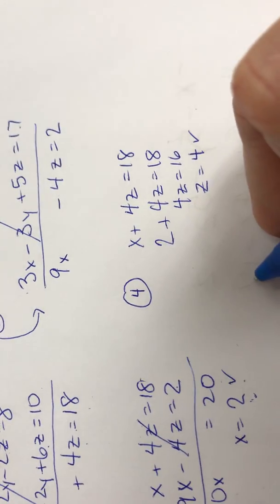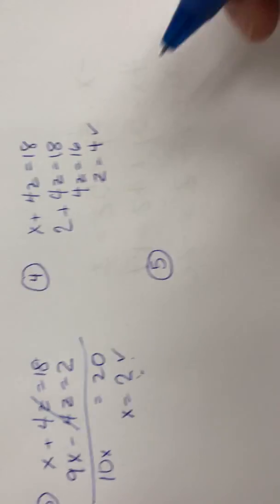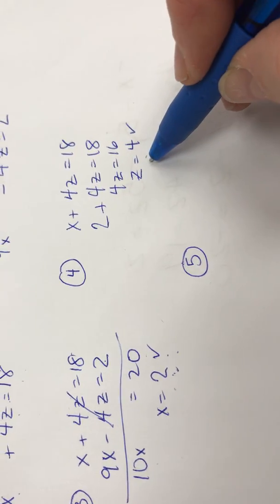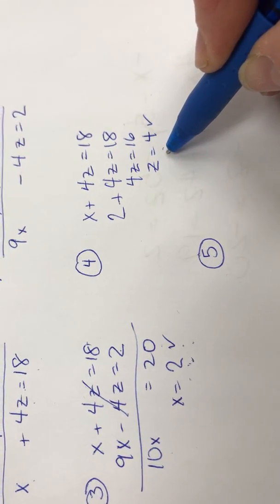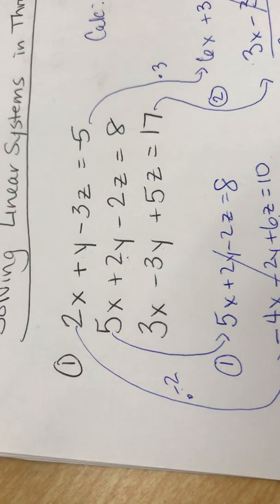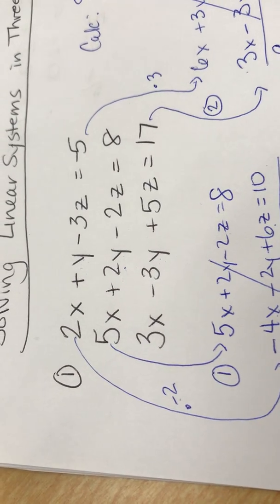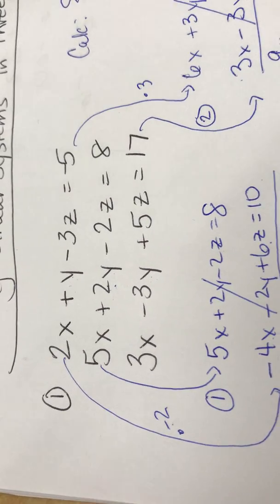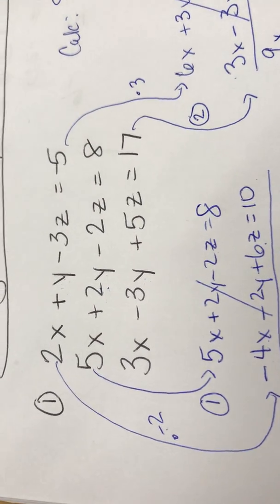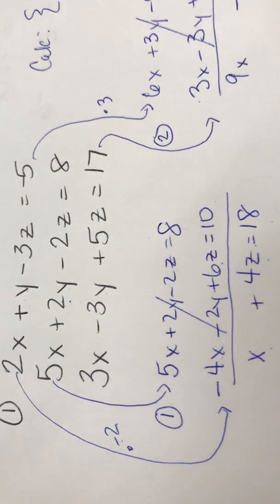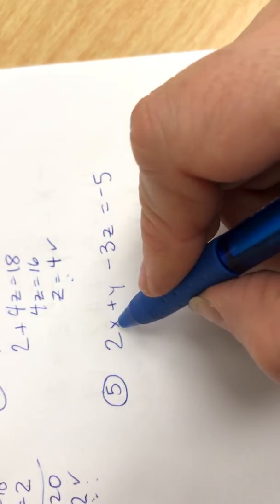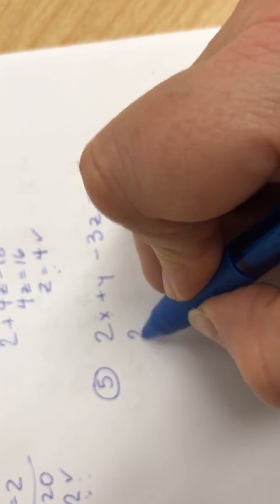So now my final step is step 5, and that would be to use these 2 values that we solved for into one of the originals to solve for my y, the unknown. Okay, so you can choose any of these 3 originals. I'm going to choose the first one. Okay, so I'm rewriting the first one, and now I'm just going to substitute in the values that I got.